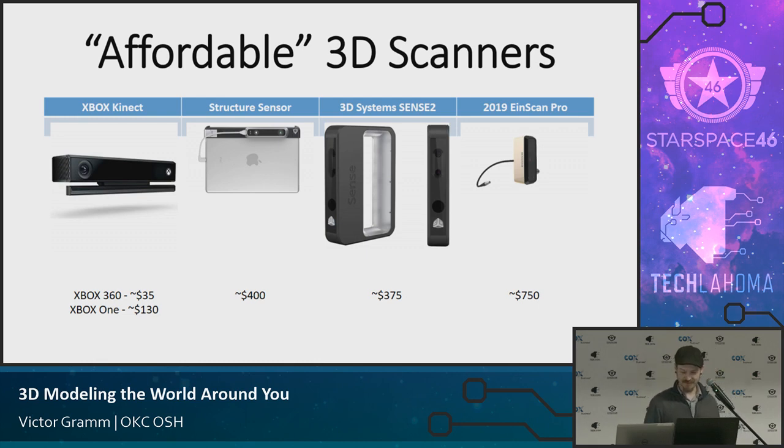Then the Structure Sensor here is pretty impressive. It's $400. The 3D Systems one doesn't get the greatest reviews, and then the EinScan Pro does get some good reviews, but you can see it's a little bit more costly than most.